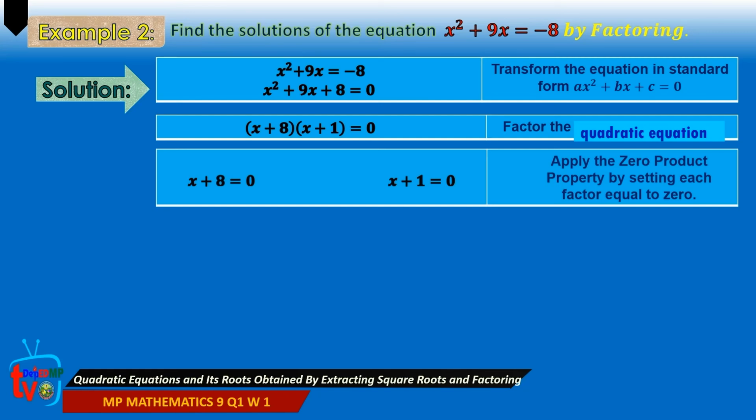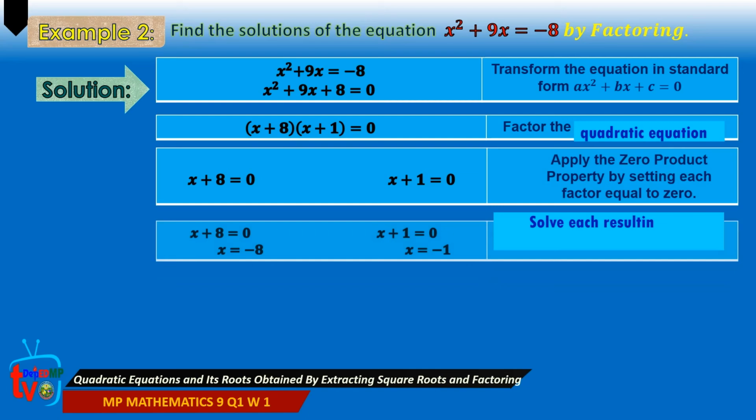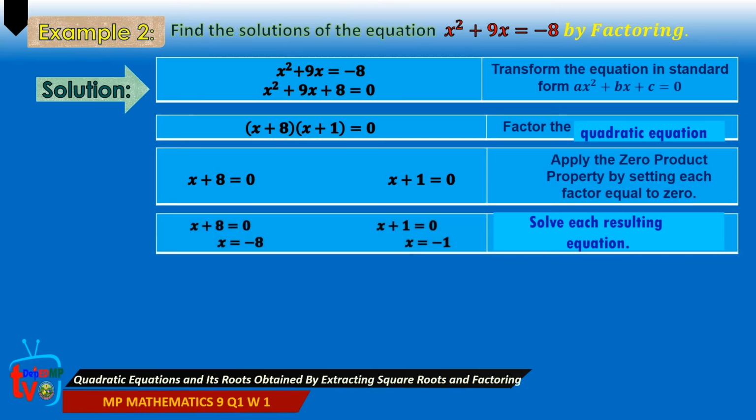The second is x plus 1 equals 0. And then we solve each resulting equation. So x plus 8 is equal to 0, we will have x is equal to negative 8. And for the second one, we have x plus 1 equals 0. We transpose positive 1, and it will give us x is equal to negative 1.